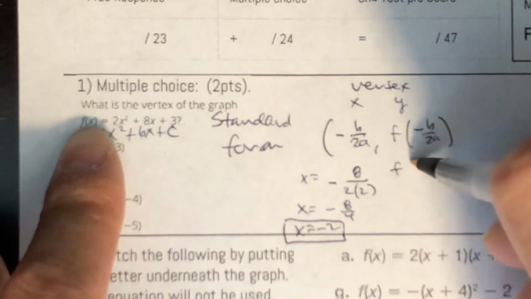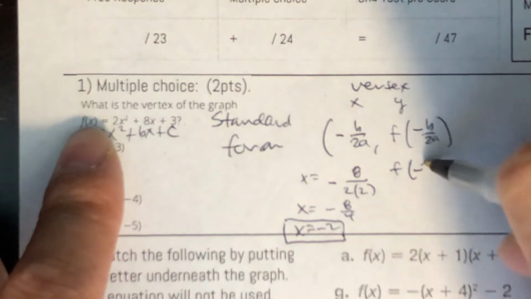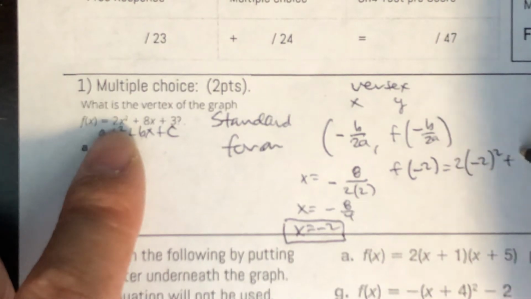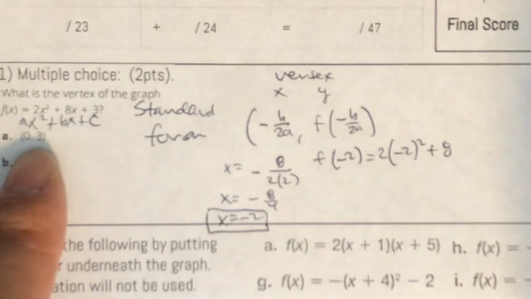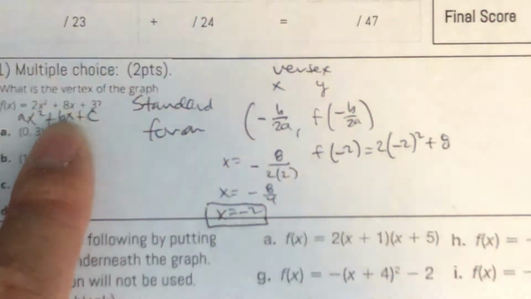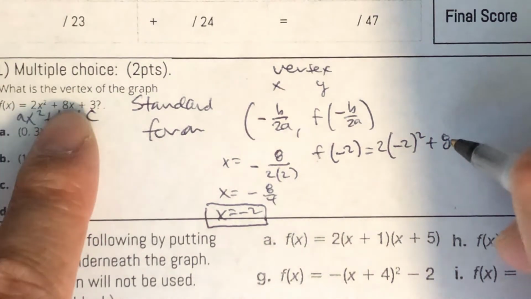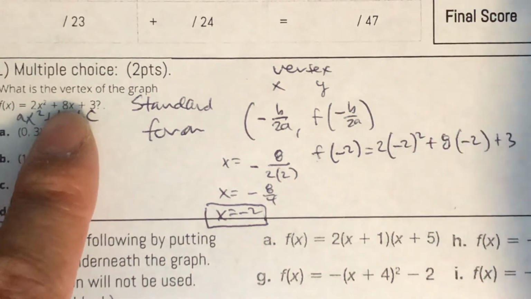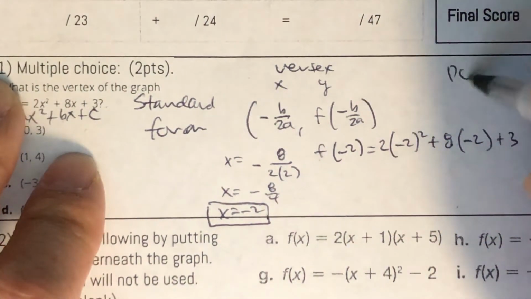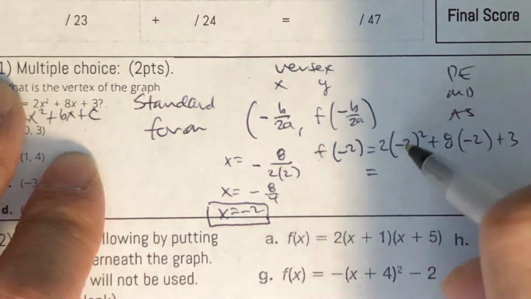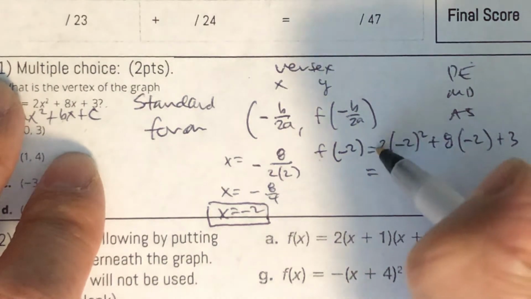So f of negative 2 equals 2 times negative 2 squared plus 8 times negative 2 plus 3. And then I'm going to do PEMDAS. So this would mean exponents first before multiplication.